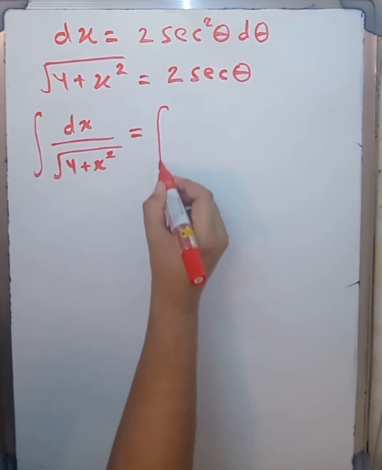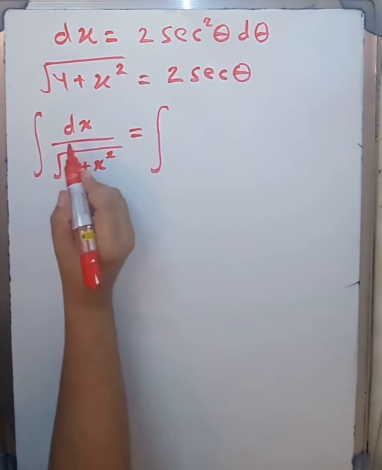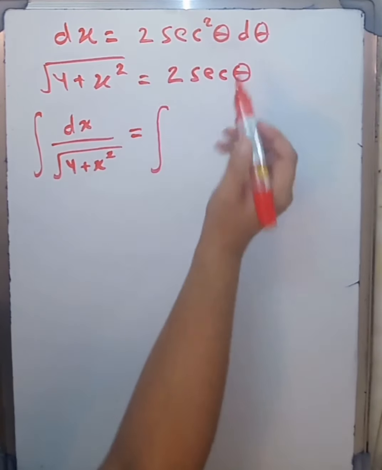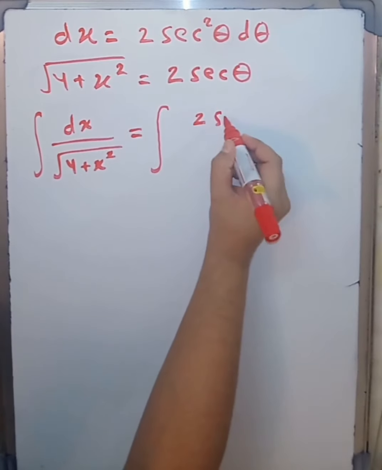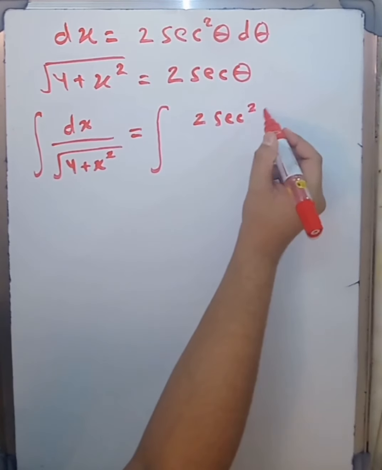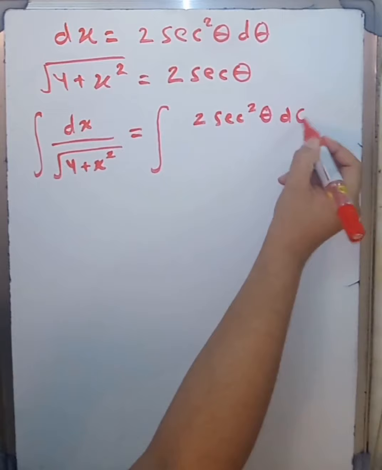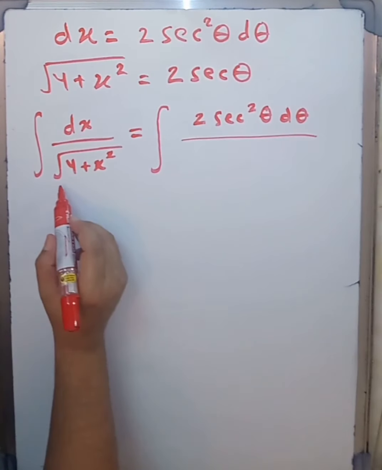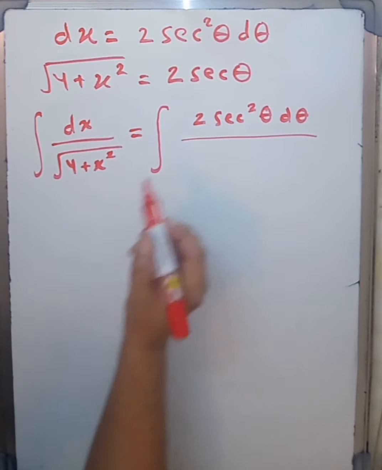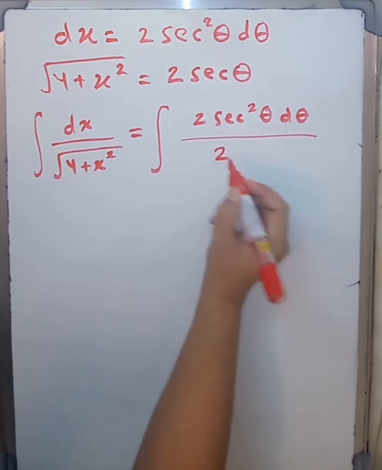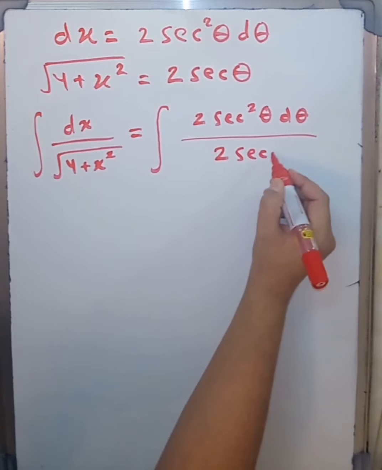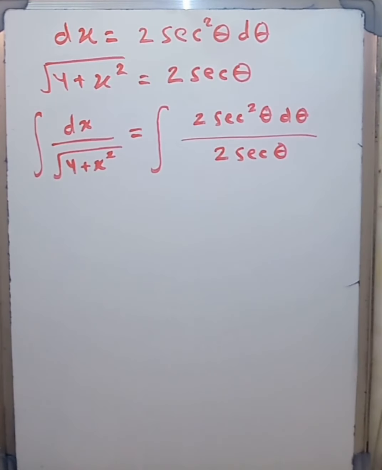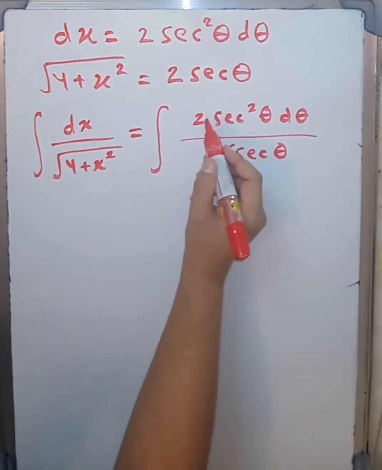This will be equal to integral 2 secant square theta d theta divided by 2 secant theta. 2 cancels with 2.